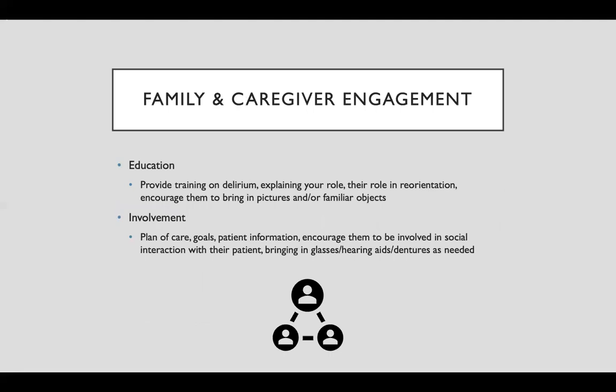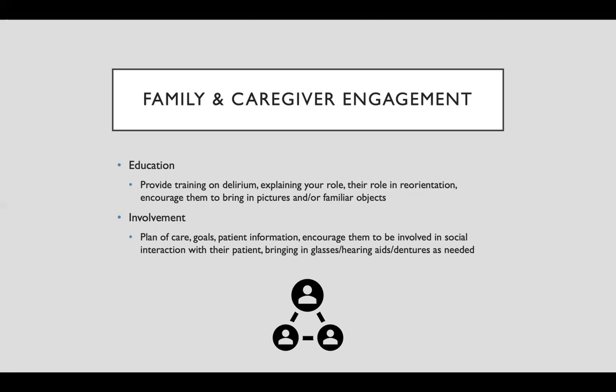And the last intervention we're going to look at is family and caregiver engagement. So we should always be engaging the families whenever possible. We can facilitate education and involvement of families and caregivers. All of us can do this. And we can educate through providing training on delirium, explaining your specific role in their medical healthcare team.